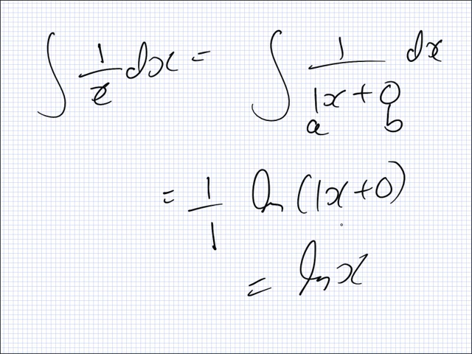But the other way you know it's log is go back to last week. What was the derivative of log x? 1 over x. Therefore, the antiderivative of 1 over x is log x. You're just doing the reverse. So if you know log x makes 1 over x, then you know 1 over x goes back to log x, yeah? Okay, try these 6 questions now.